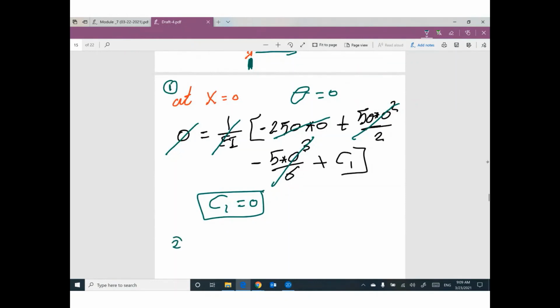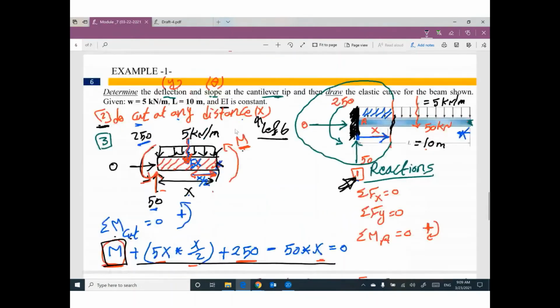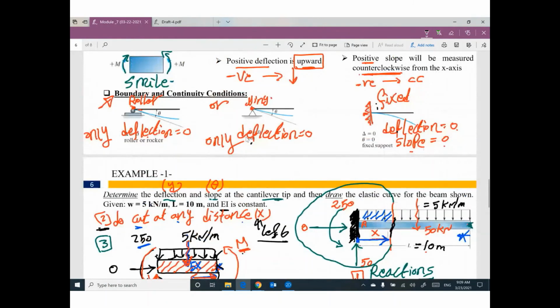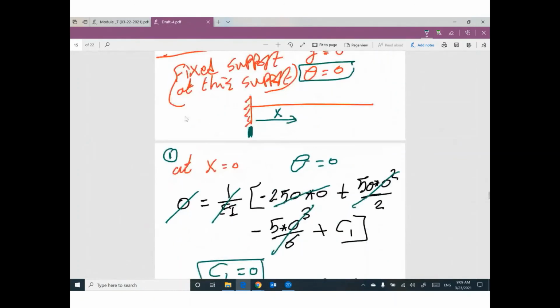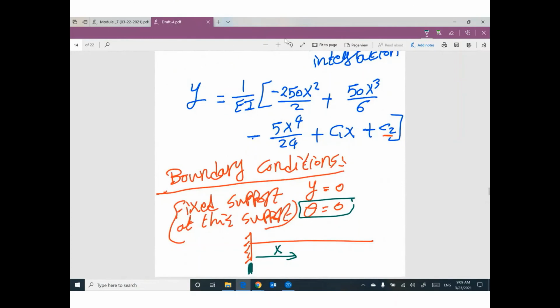Second one. At x equals 0, so you are at the fixed support, y equals 0. Deflection. Guys, remember, I told you, if you have fixed support, both of them will equal 0, deflection and rotation. So we have another equation here for y.